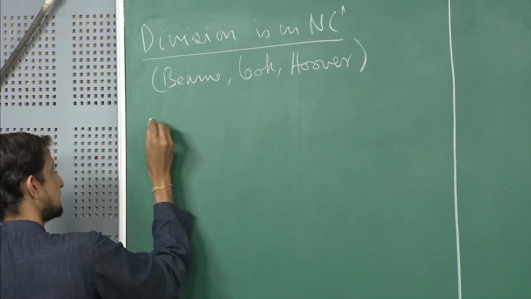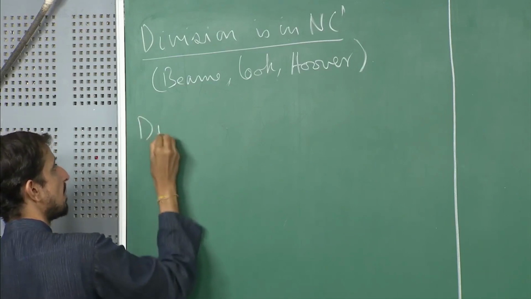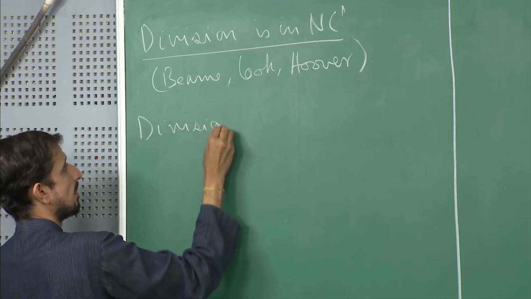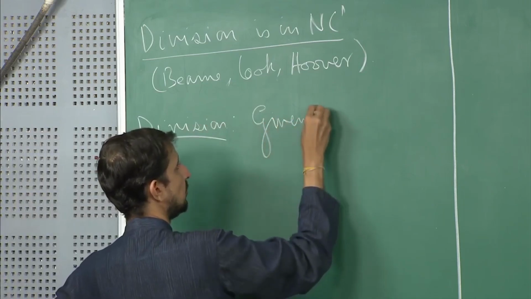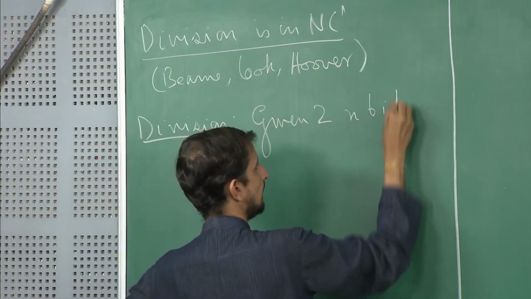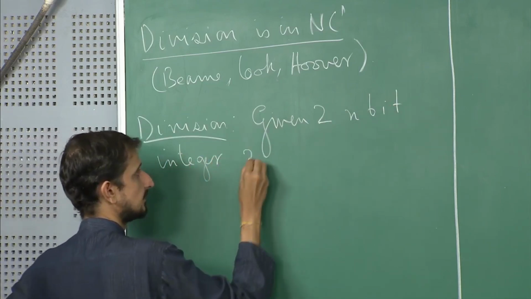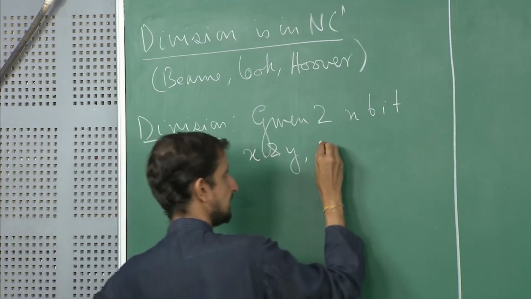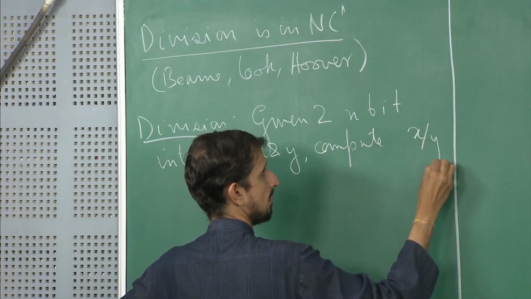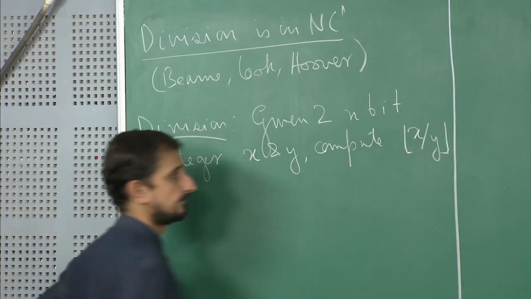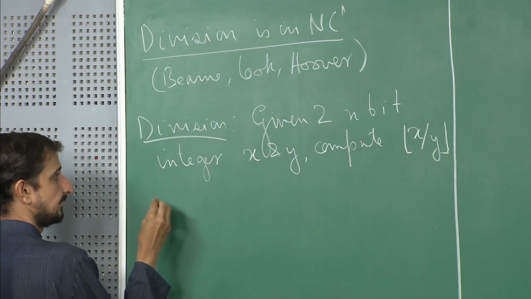So first of all, just to recall, the division problem was, to formally define it, given two n bit integers x and y, let us say we want to compute the quotient. Okay. We will also look at a few other problems.